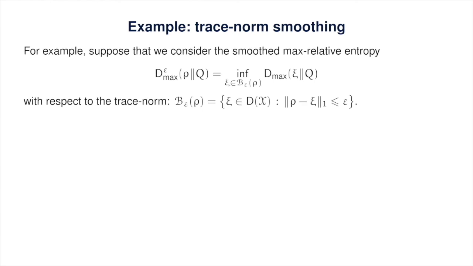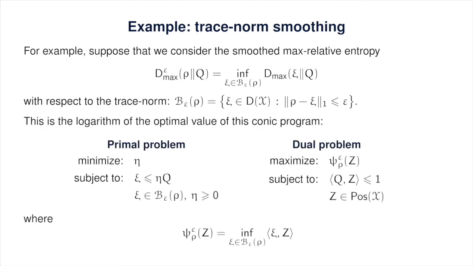For a quick example, let's look at the smoothed max relative entropy where the smoothing is done with respect to the trace norm. We will have more to say about the smoothed max relative entropy in the next lecture, but for now we'll just briefly consider it in light of the conic program formulation we just studied.